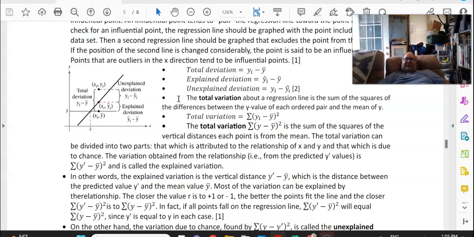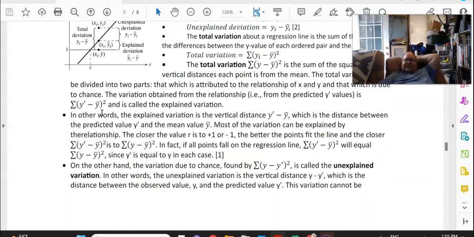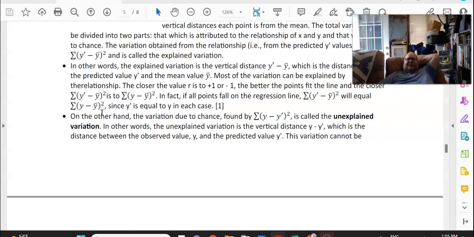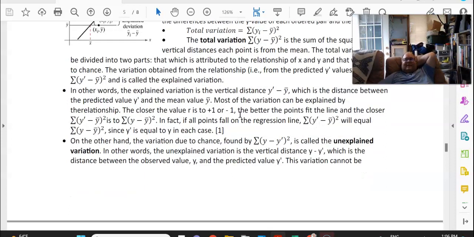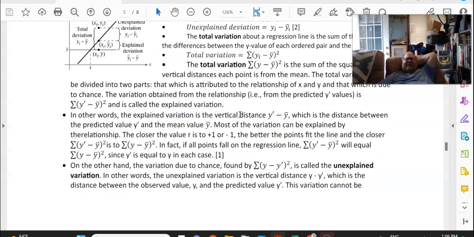When we add up the squares of these, we get our total variation, our unexplained variation, and our explained variation. Our explained variation is the amount of vertical distance between our mean and our expected. Unexplained is how far beyond the expected our observed are.